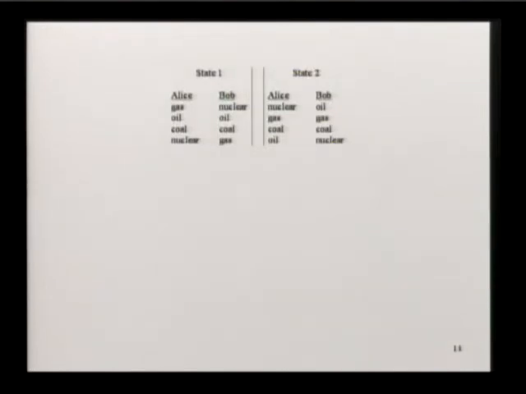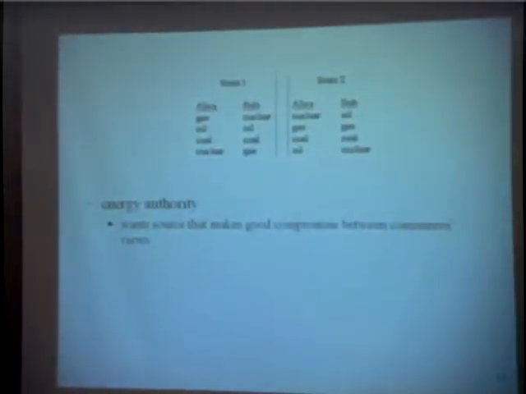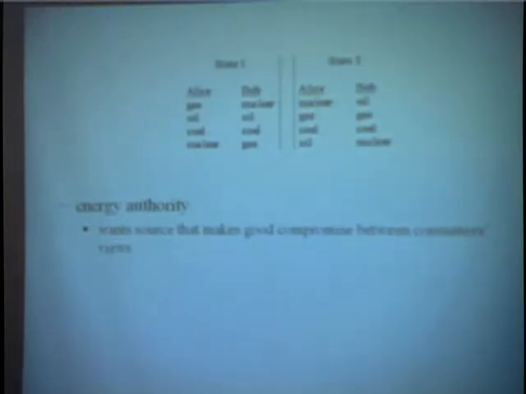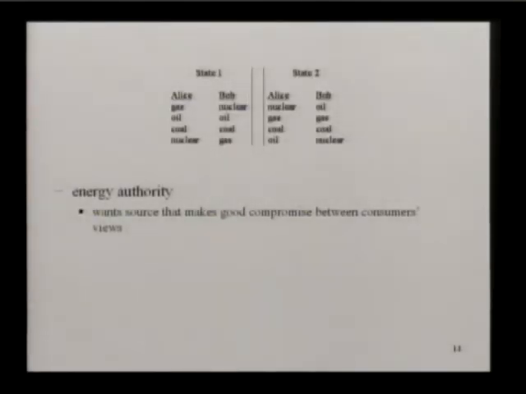Alice puts gas up at the top, then oil, coal, nuclear is down at the bottom, and similarly for Bob, and similarly for state 2. And what the Energy Authority would like to do is to choose an energy source which takes into account both what Alice wants and what Bob wants. Let's say the Energy Authority would like to compromise between what Alice wants and what Bob wants.